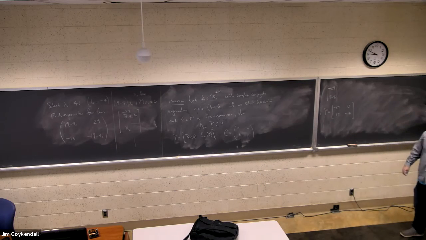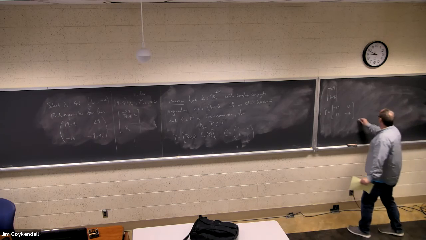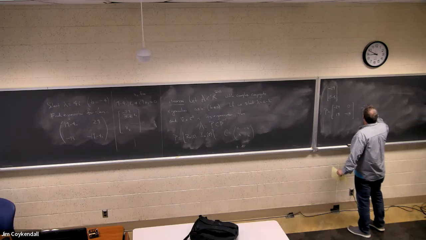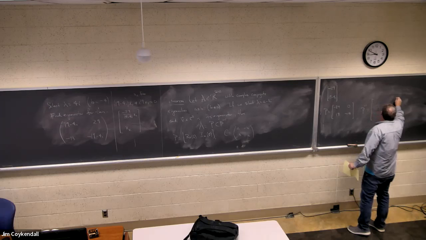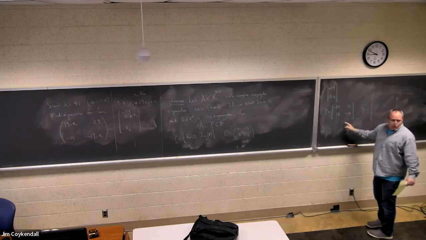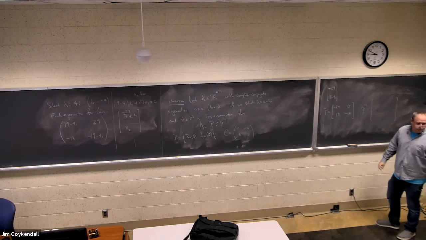Everybody okay so far? Now I only need to figure out the inverse, and I'm going to do this quickly. You can row reduce, but this is a lower triangular matrix, so its inverse has to be lower triangular.